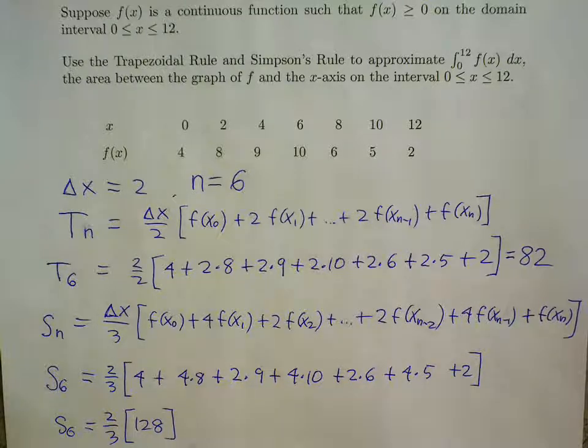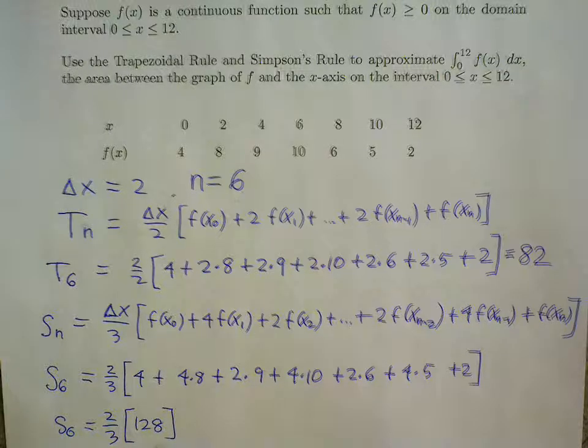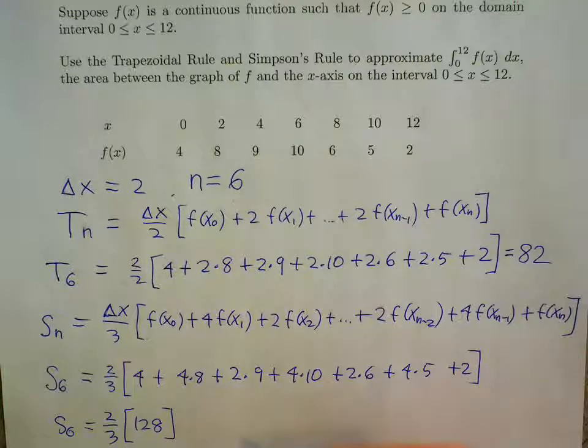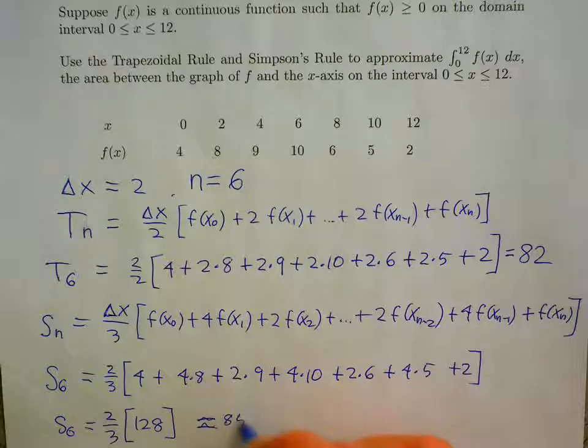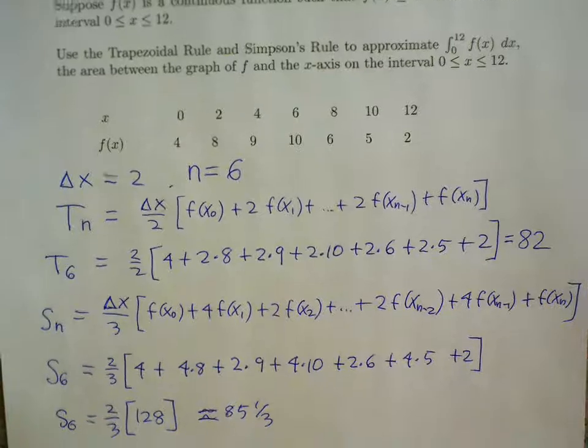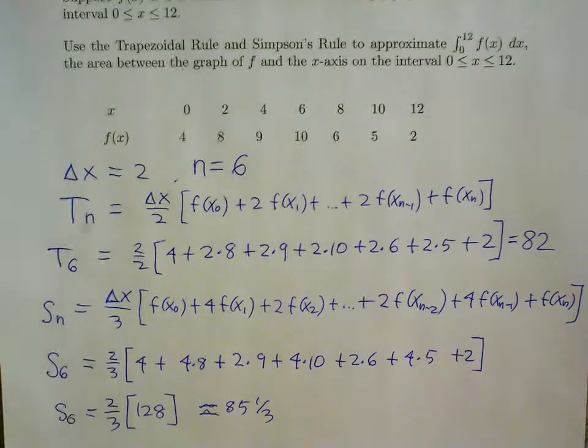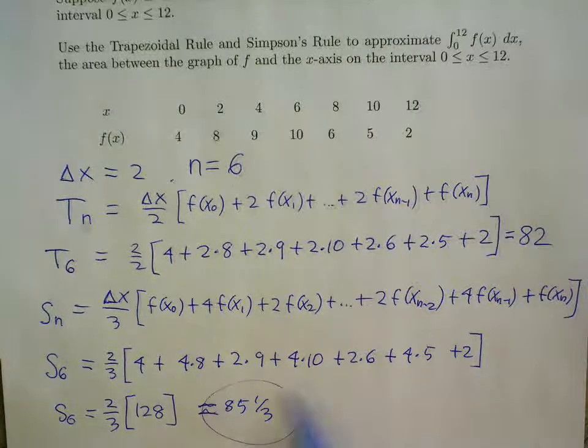So 2/3 of 128 is, well, it's exactly 85 1/3. So the two approximations are fairly close.